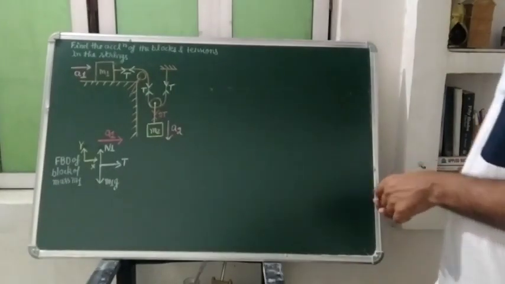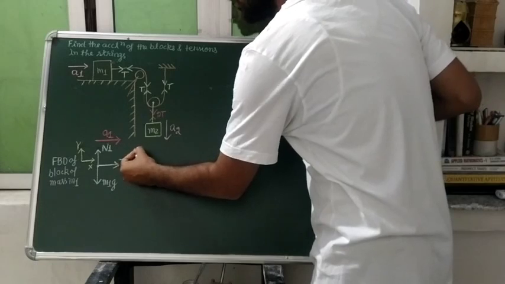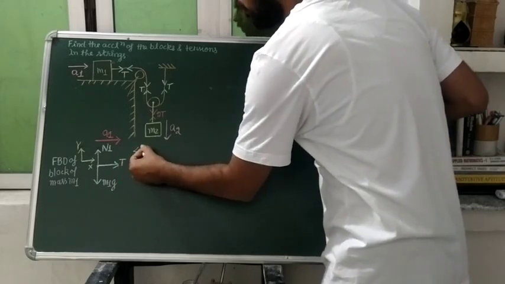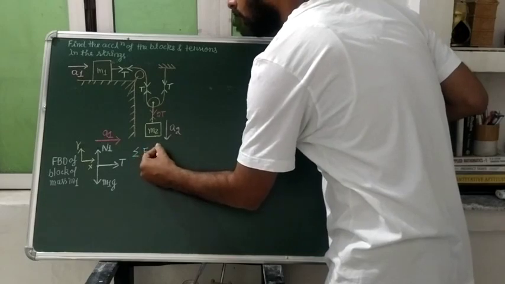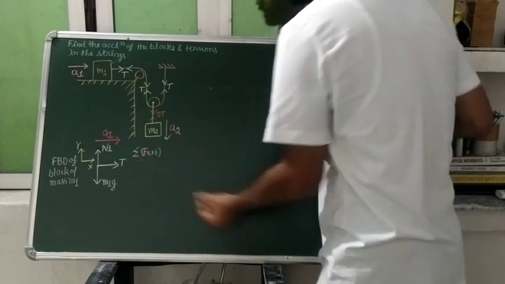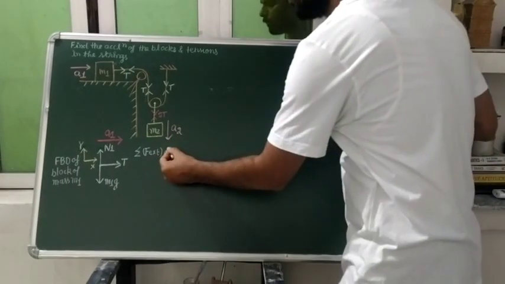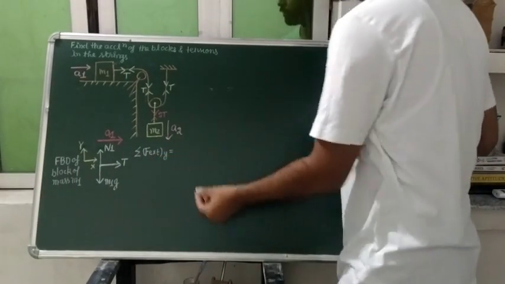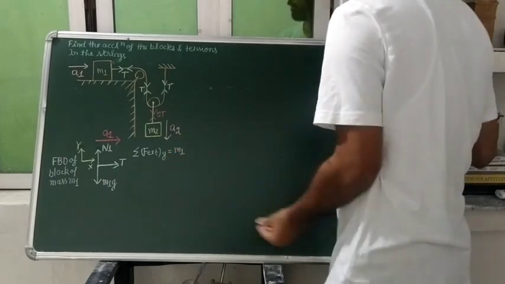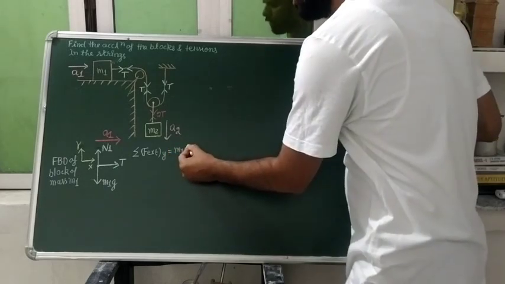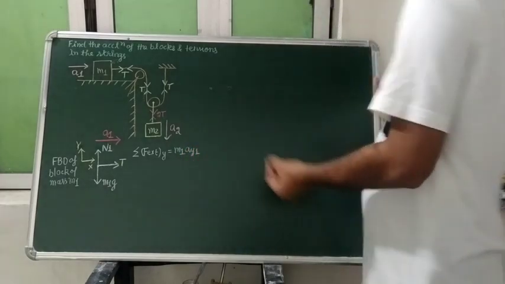Okay? So Newton's second law says that the vector sum of all the external forces acting in y direction, first I am assuming, should be equal to mass m1 times the acceleration in y direction, which we represent as ay1.